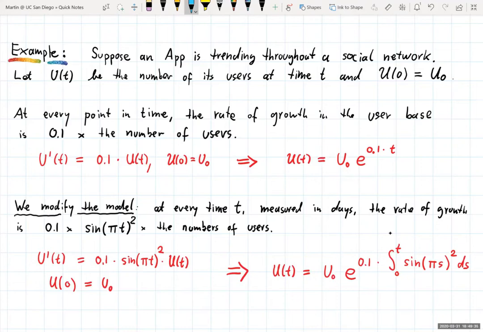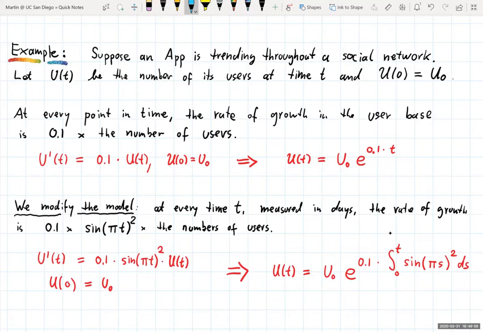Namely, the solution is u at time t is the same as u naught times exponential of 0.1 times the integral from 0 to t of sine of pi of s to the square ds.